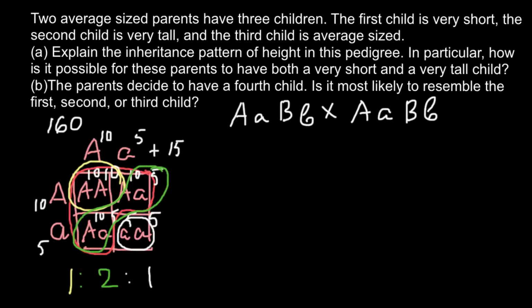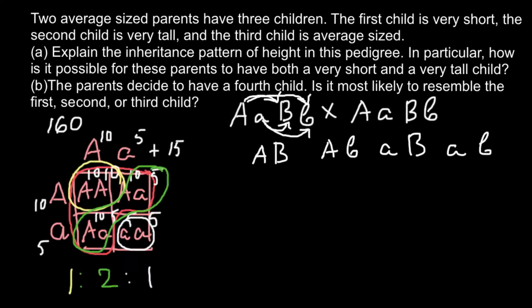Gametes are haploid, so for example, this parent here can produce one variant of the gametes that is capital A and capital B. The second variant would be capital A and small b. The third variant would be small a and capital B. And the fourth variant would be small a and small b.